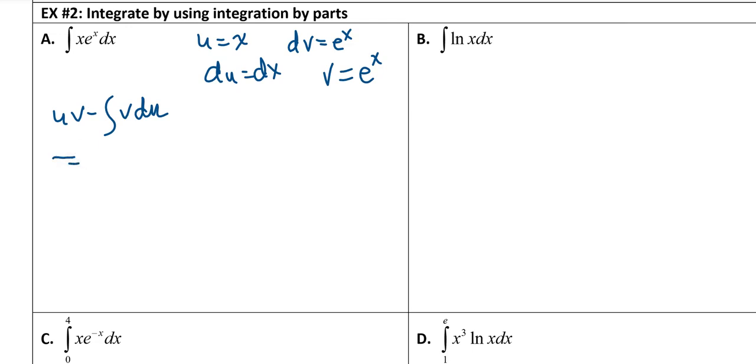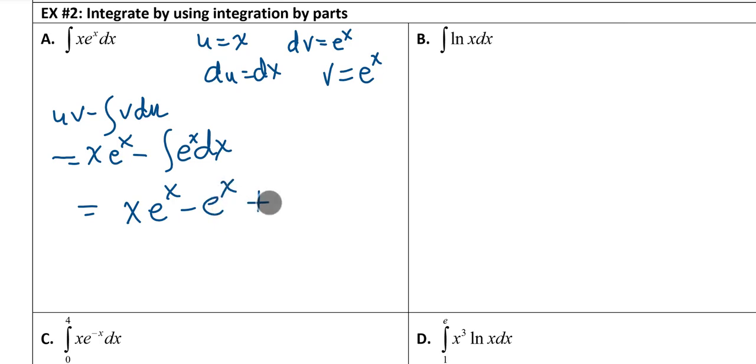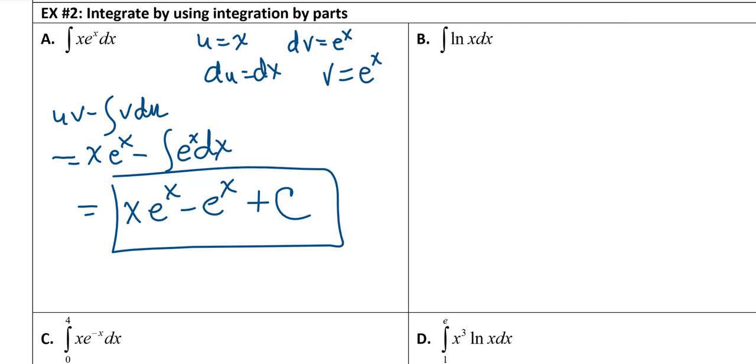Okay, so u is x, v is e to the x, and from that I'm going to subtract the integral of e to the x dx. So this becomes x e to the x minus e to the x, and of course plus c. So there, that's the basics of using integration by parts.